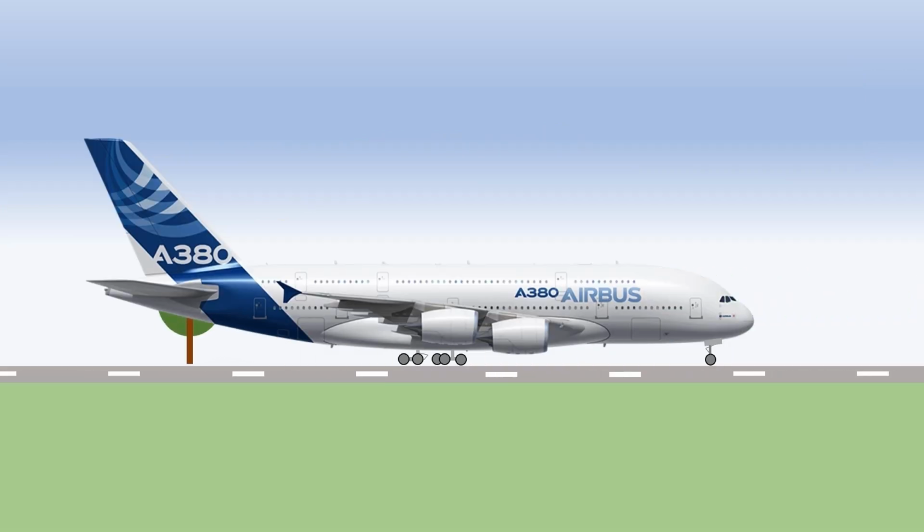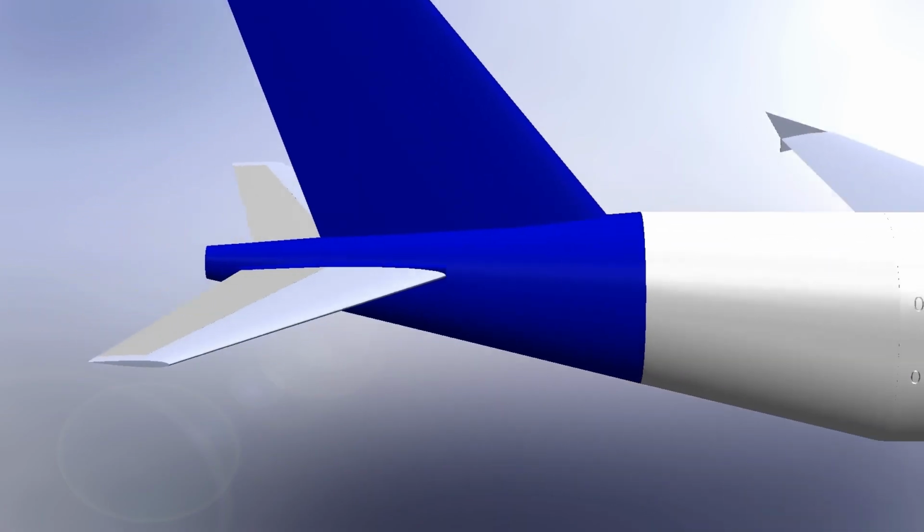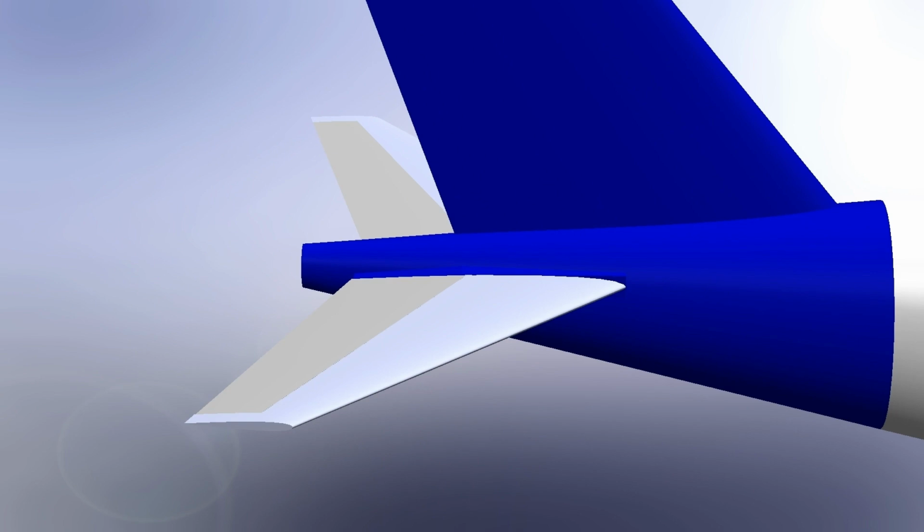Now let's return to the moving aircraft on the runway. Notice there is a small wing at the rear fuselage. This is called the elevator. The rear tip can move up and down like this. During takeoff, the elevator moves upward.